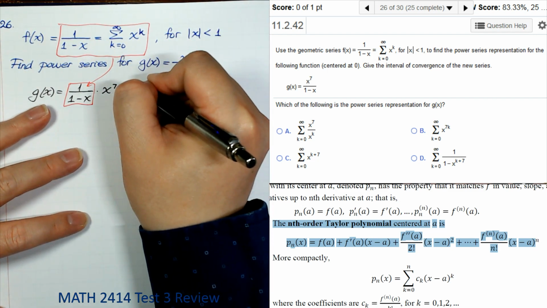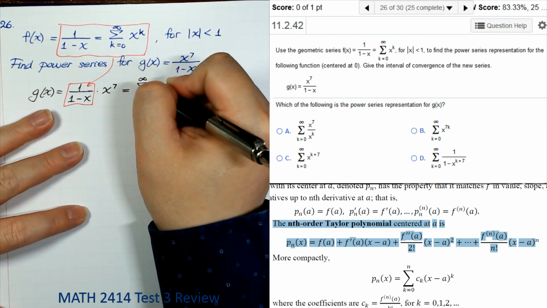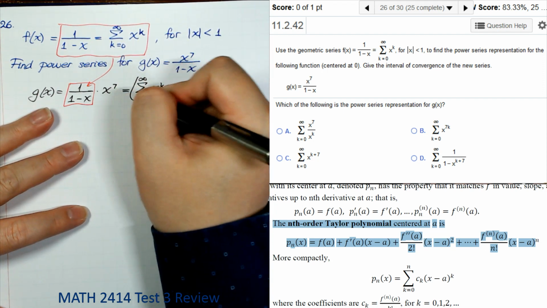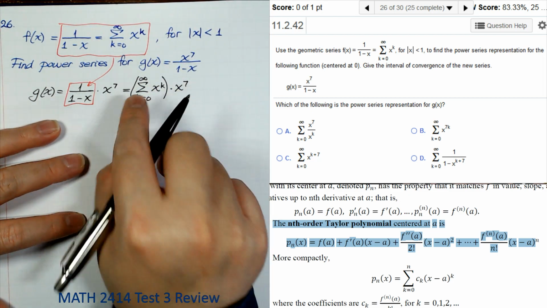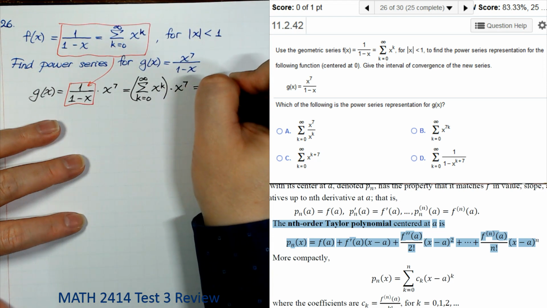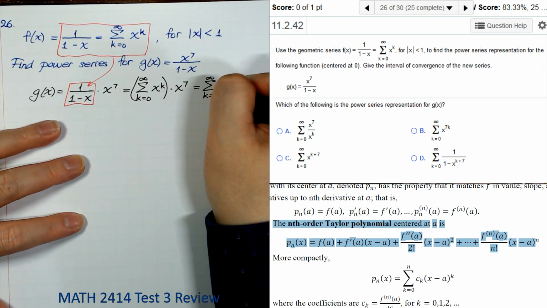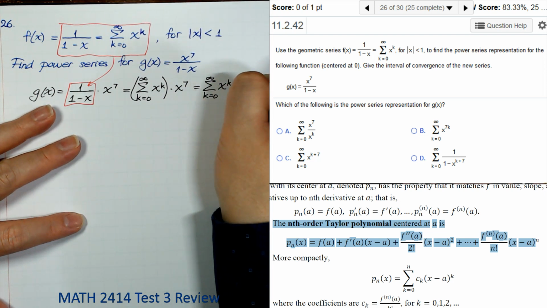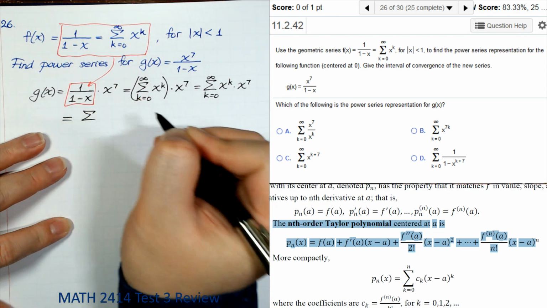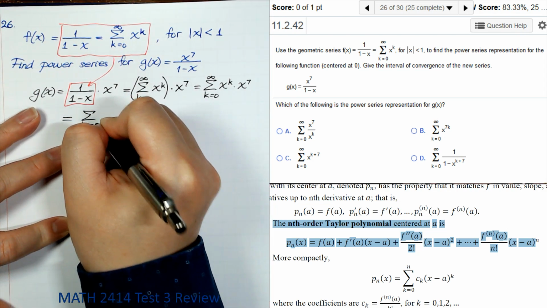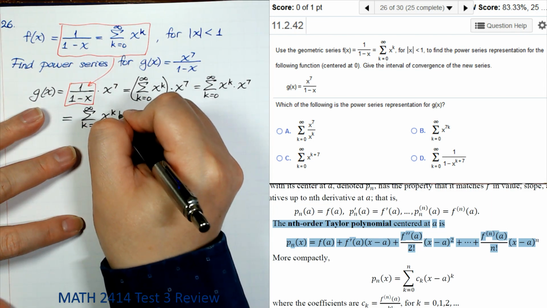So we have the sum from k equal to 0 to infinity of x to the k, all of that times x to the 7. And with that we can multiply the x to the 7 inside. X to the k, x to the 7. So x to the k plus 7.